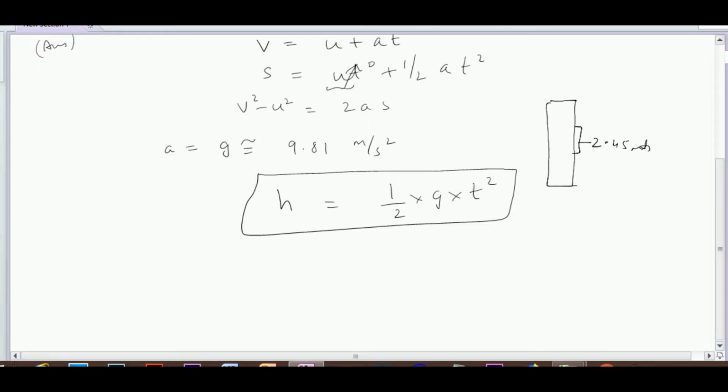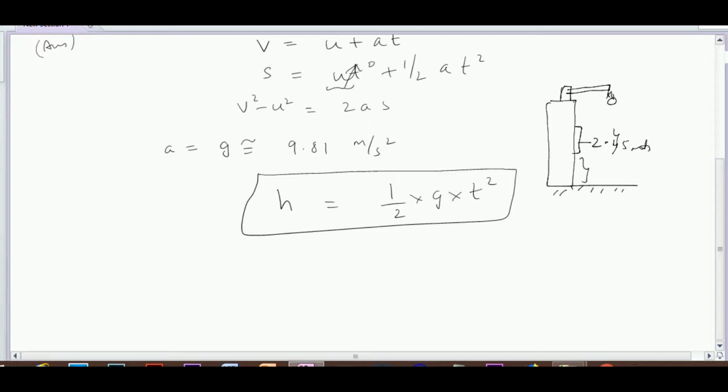Let me assume that above the window, the height is h meters, and below the window they did not specify where the window is located. So I am going to calculate the height from which the stone fell above the window.